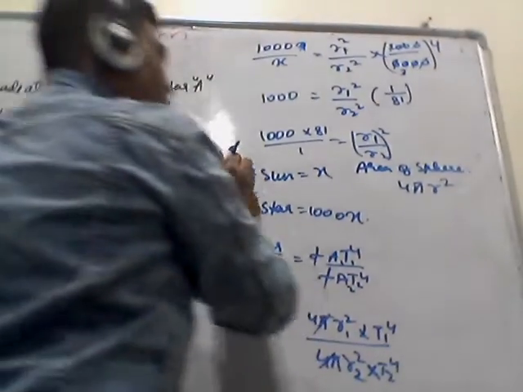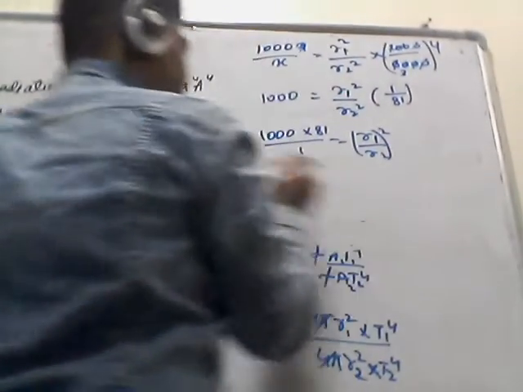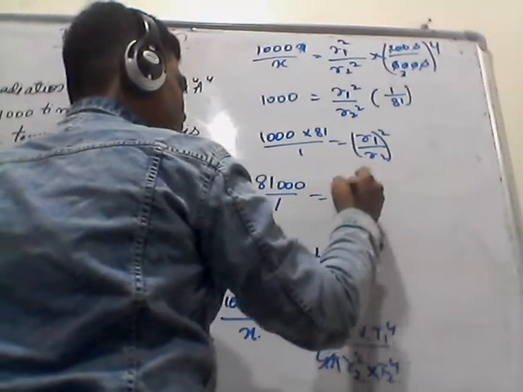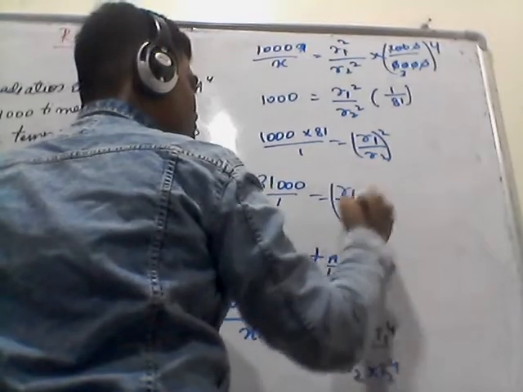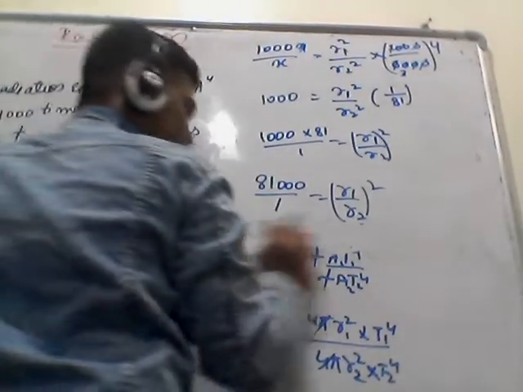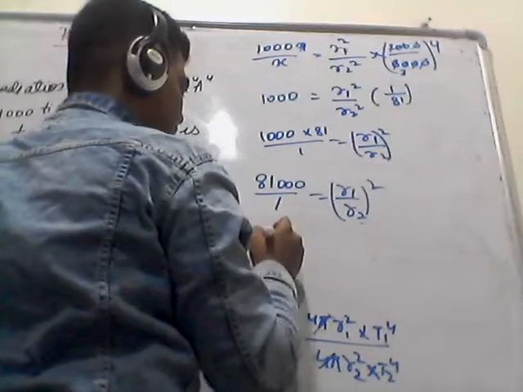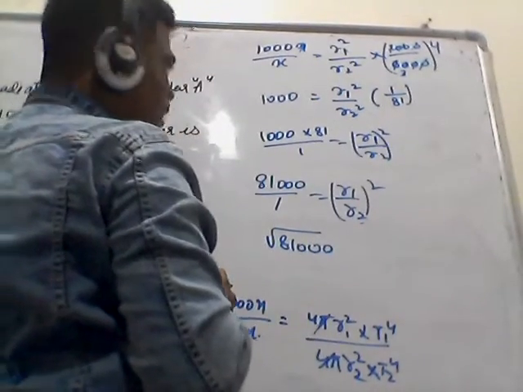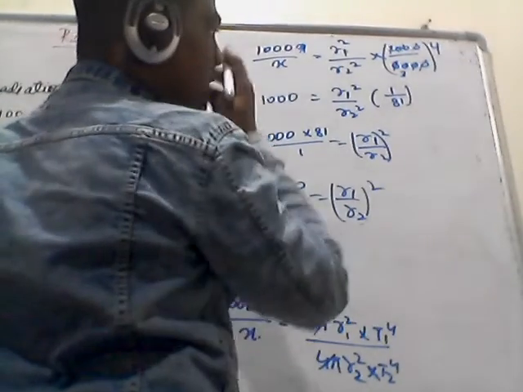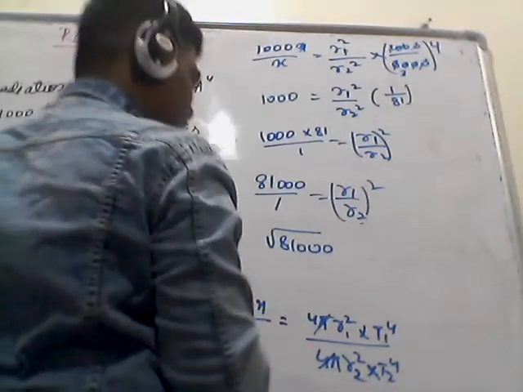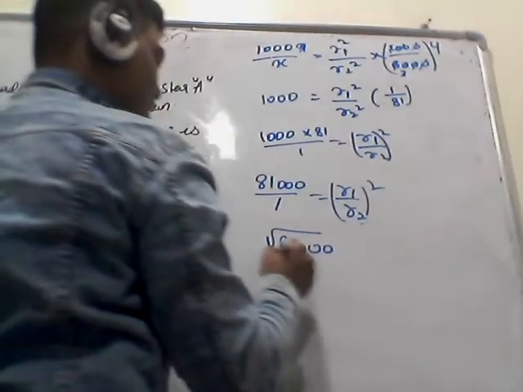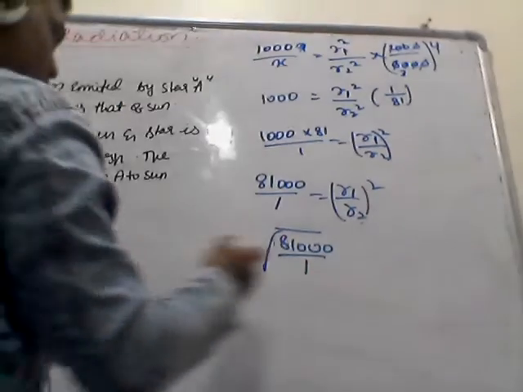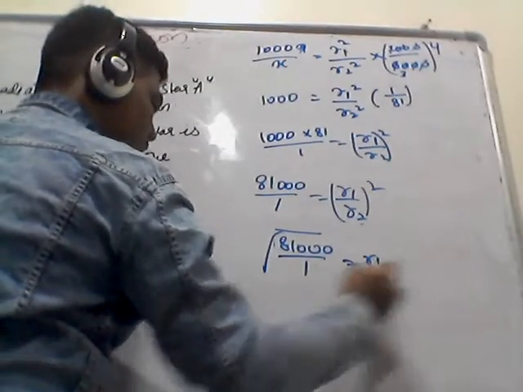Next, 81000 by 1 is equal to r1 by r2 whole square. Bring the square this side, it becomes whole root of 81000. Now it is equal to r1 by r2.